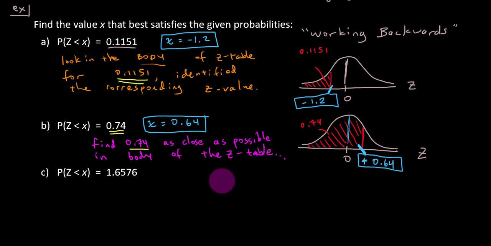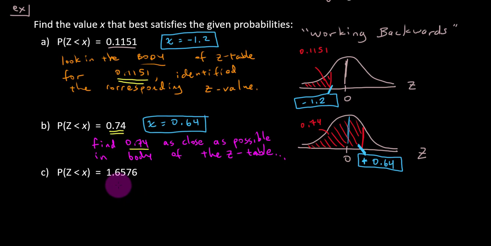Let's roll. In part C, we want to find the x value, just like what we've been doing, such that the probability to its left is 1.65. How are we going to do this? Well, you might be jumping to your z table.